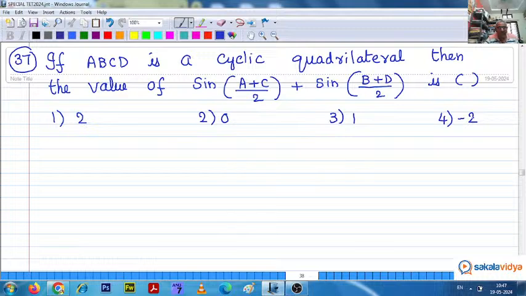If ABCD is a cyclic quadrilateral, then the value of sin of (A plus C) by 2 plus sin of (B plus D) by 2.